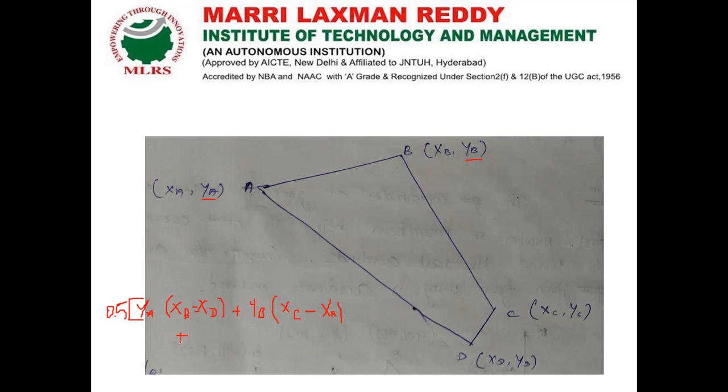Plus YC times the next, XD with respect to the x coordinate, minus XB.